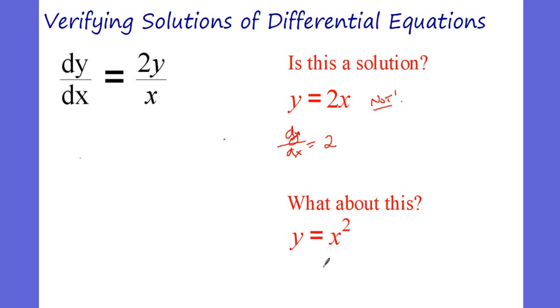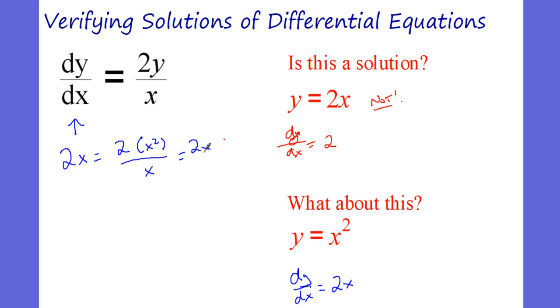And so we're trying to evaluate whether it works. So let's take a look. What about y equals x squared? Well, what is dy over dx? What's the derivative of this? It's 2x. So let's plug this in and see what works. dy over dx is 2x, and 2 times y. What is y? y is x squared over x. So we get 2x squared over x, which is 2x. This works.